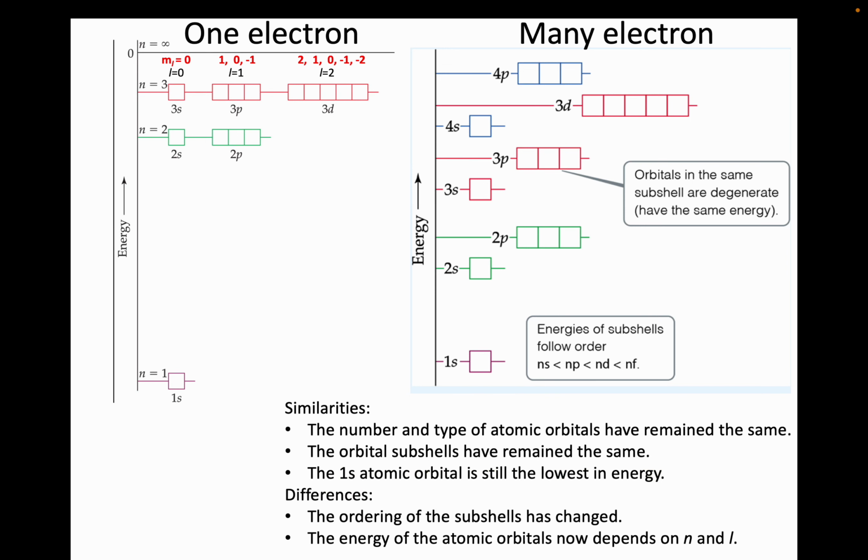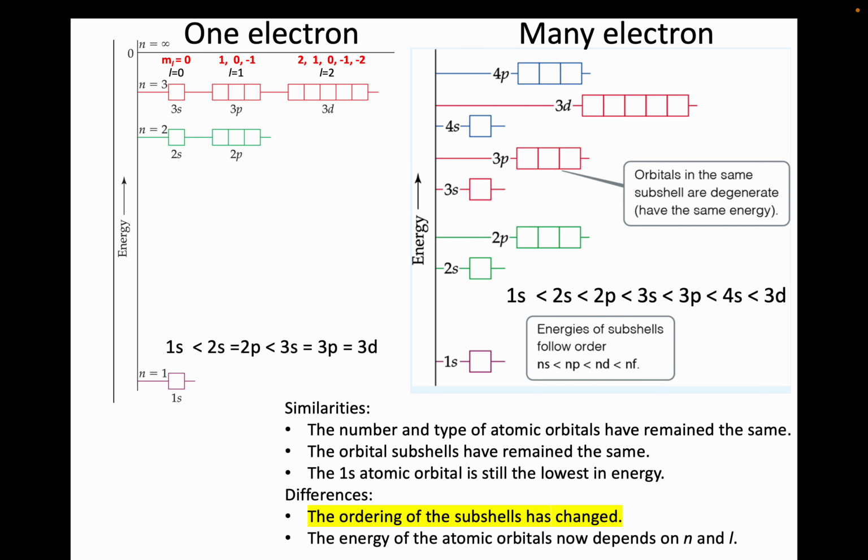How about some differences? Well, the ordering of the subshells has changed. For a 1 electron system, the energy is entirely due to the principal quantum number n. The 1s is lowest in energy, the 2s and the 2p are the same, and the 3s, the 3p, and the 3d are all the same. So for a 1 electron system, the principal quantum number tells me the energy. If I look over at the many electron atom, that has changed.